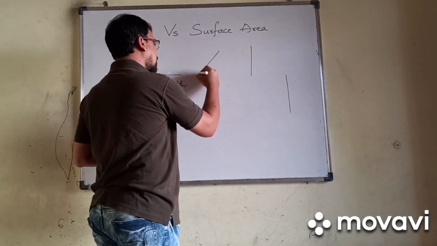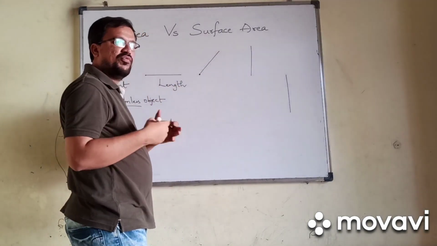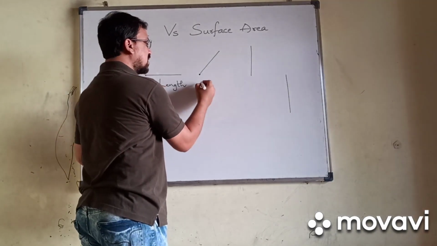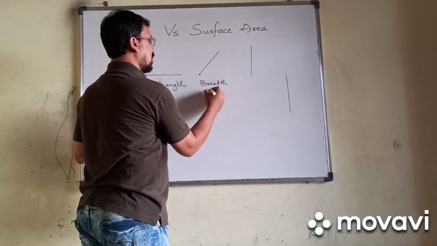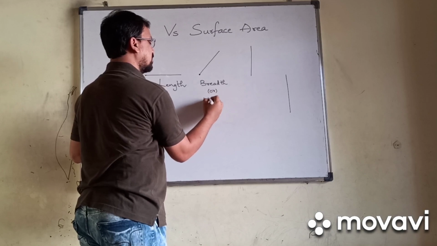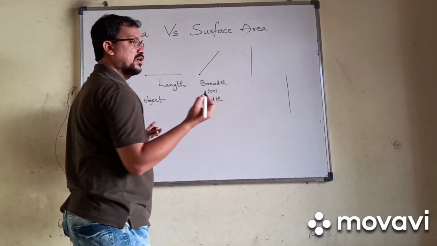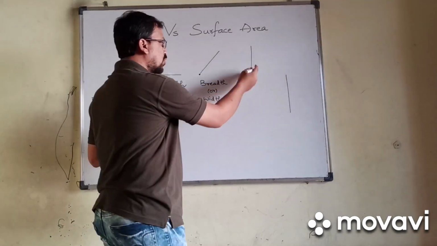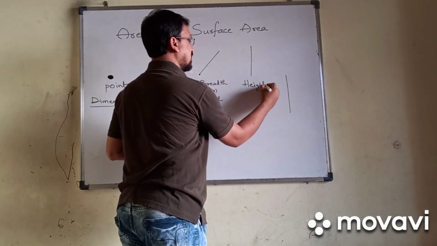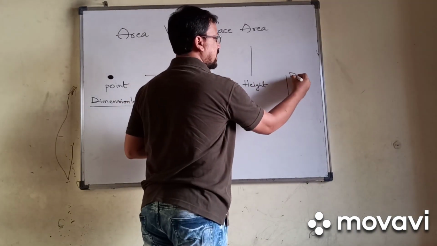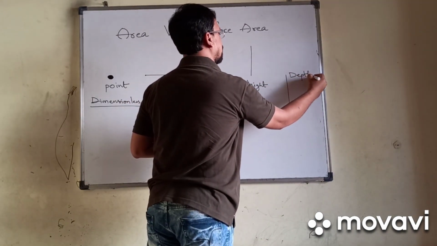Suppose the line segment is going like this, we will call it in general a breadth or width, depending upon the figure. What about this? This we will call a height, and this we will call a depth.